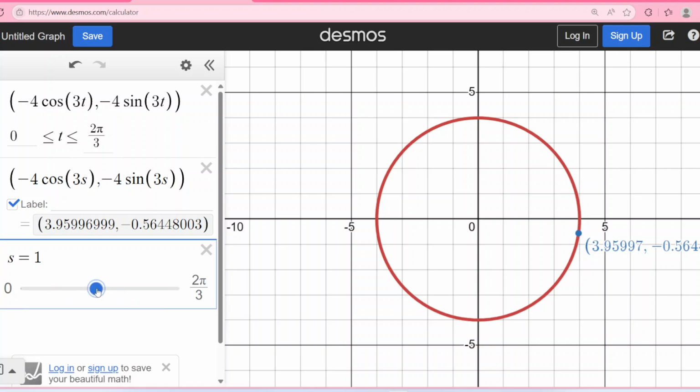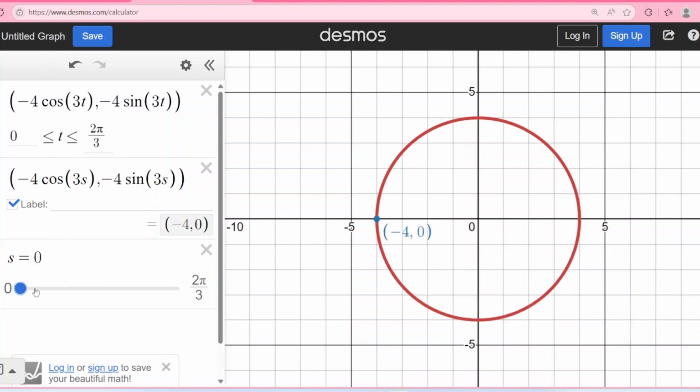All right, let me move s. Again, s is like t. Move this back to 0. So you see how the point starts off at the location negative 4, 0. And then I know you can't see it, but to the left of s equals 0 here, where my cursor's floating around, there's a play button. I can hit play, and it increases the value of s up until the 2 pi over 3, and then back, shrinks it again.